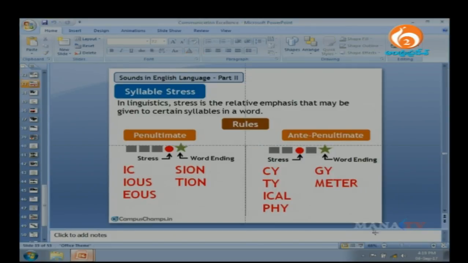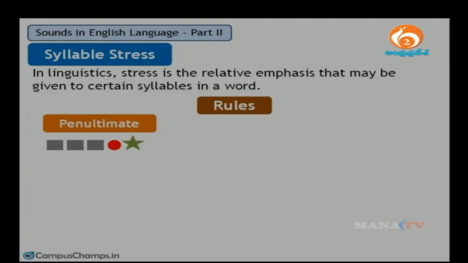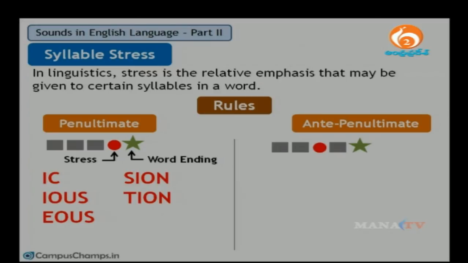So that's about the syllable stress for the first rule, which is the penultimate rule, word ending. You need to leave alone the word ending and stress on the second last syllable. Then we have the next rule, which is antepenultimate. Antepenultimate means the stress will be on the third one.